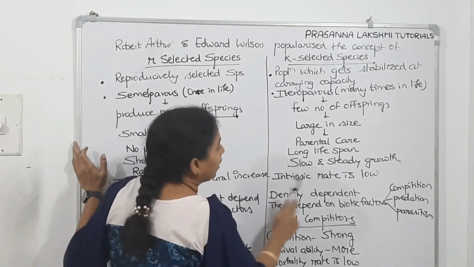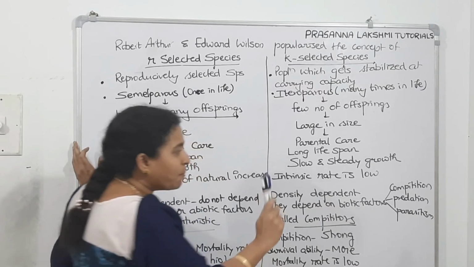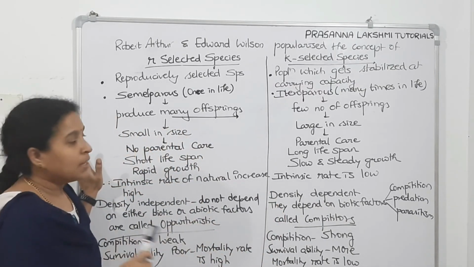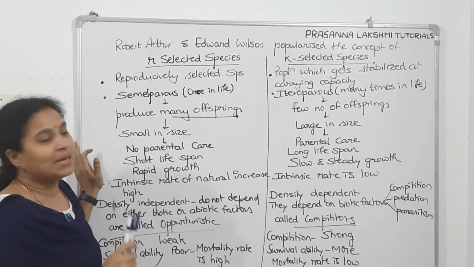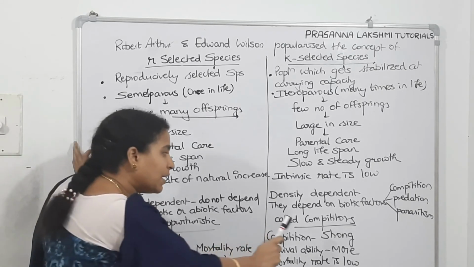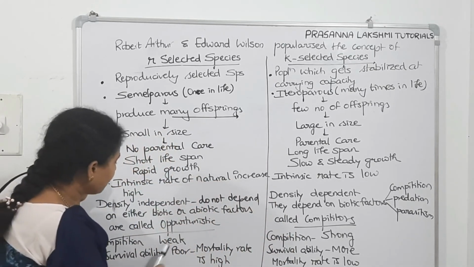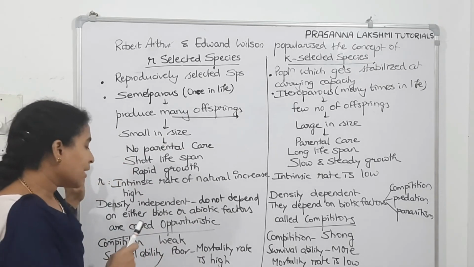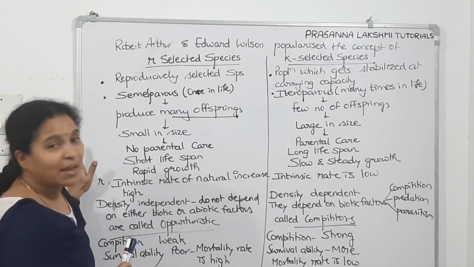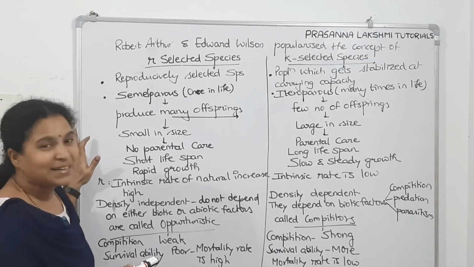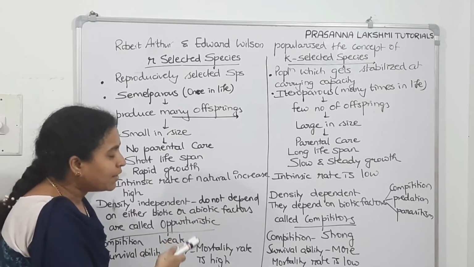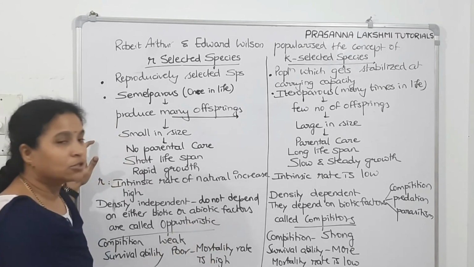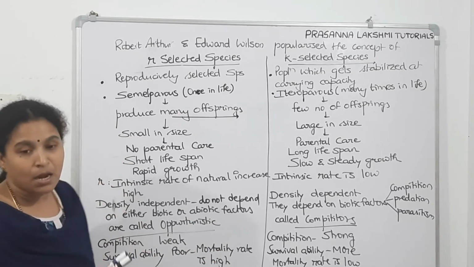These depend on biotic factors like competition, predation, parasitism. That's why they are called competitors. Since they know how to compete, competition strength will be strong there, and weak here. Because the competition strength is weak, survivability will be poor, meaning the mortality rate, death rate will be more here. There, since they are strong, the survival rate will be more and the mortality rate will be low.